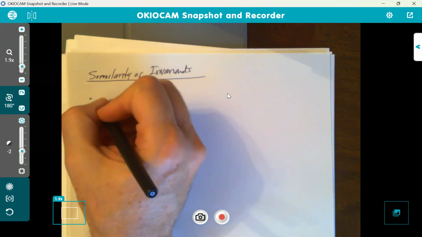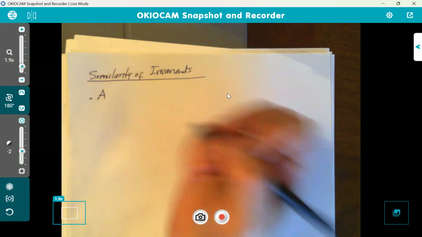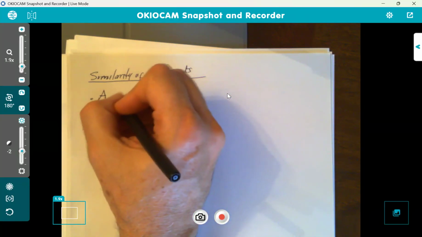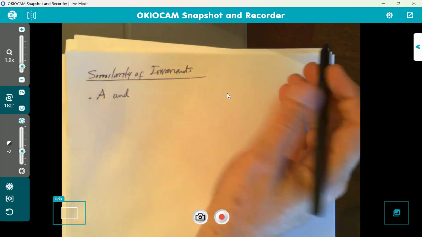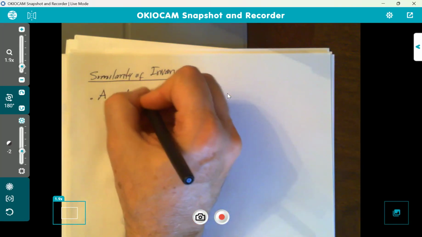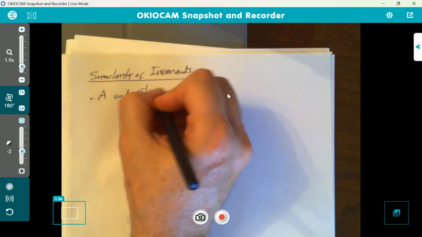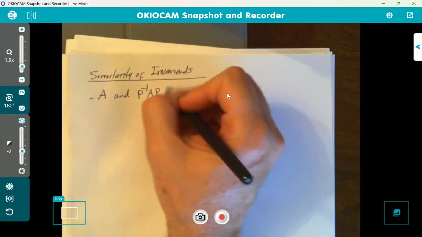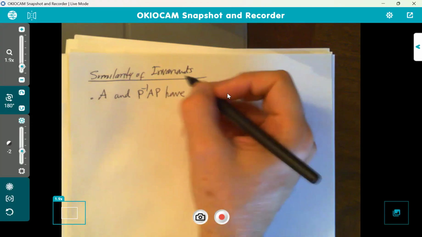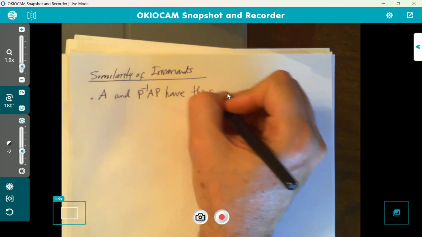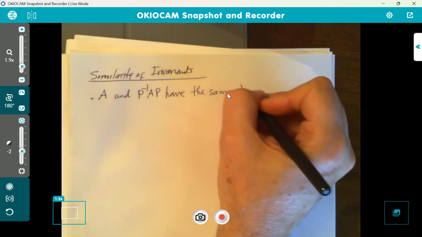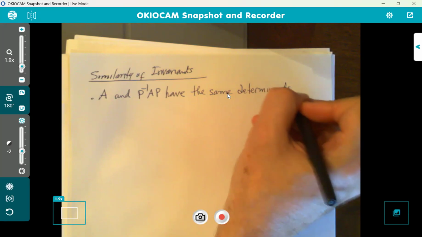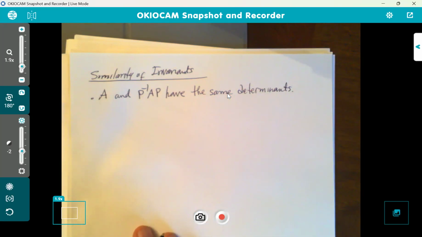So here, suppose again we have a square matrix A, and the diagonalized version of it, P inverse AP. Remember, these are going to be similar matrices, right? They have the same determinants. Okay, so there you go. So that's one good thing that comes out of this.